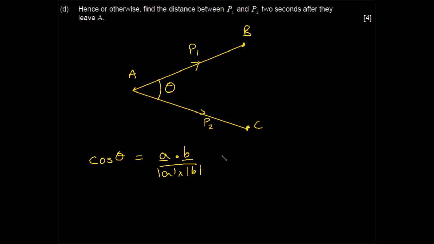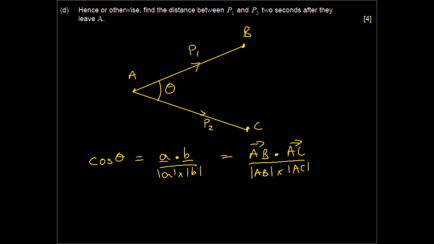So in this case, we're going to need to do vector AB dotted with vector AC over the modulus of AB multiplied by the modulus of AC. That's going to equal cos theta. Now we've already worked out what AB is. It's told us what AC is. We're going to need to know the modulus of AC.